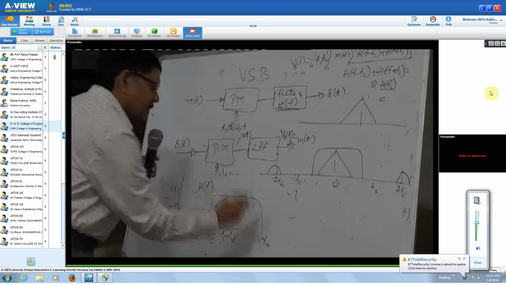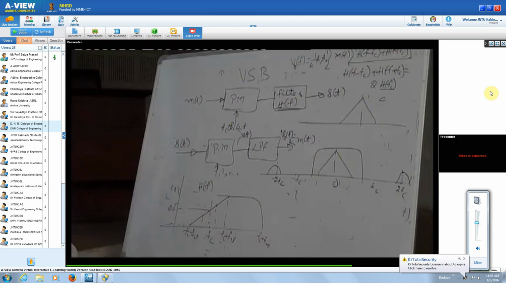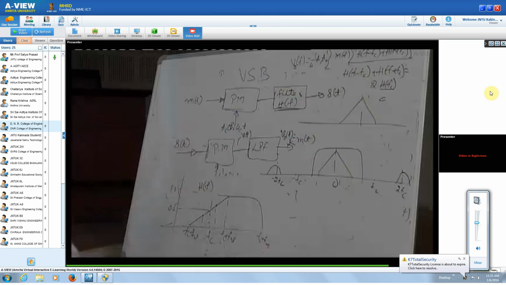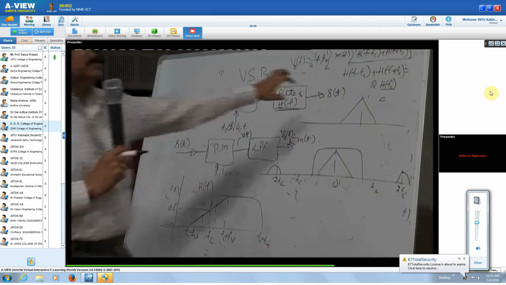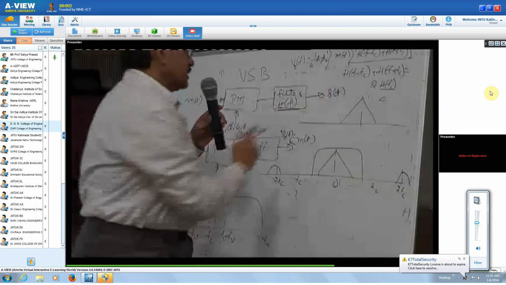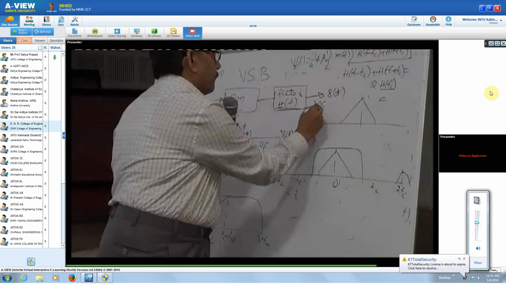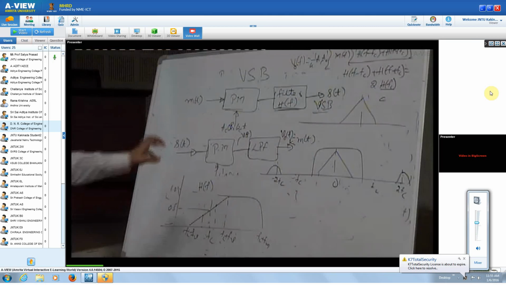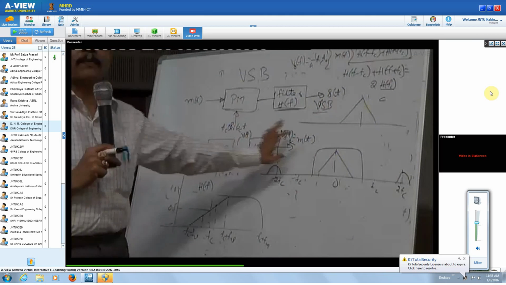So if you can design your network or your filter having this type of frequency characteristics, then we can generate the VSB signal. This is what your VSB signal is, so that we are giving again to a product modulator and low pass filter.